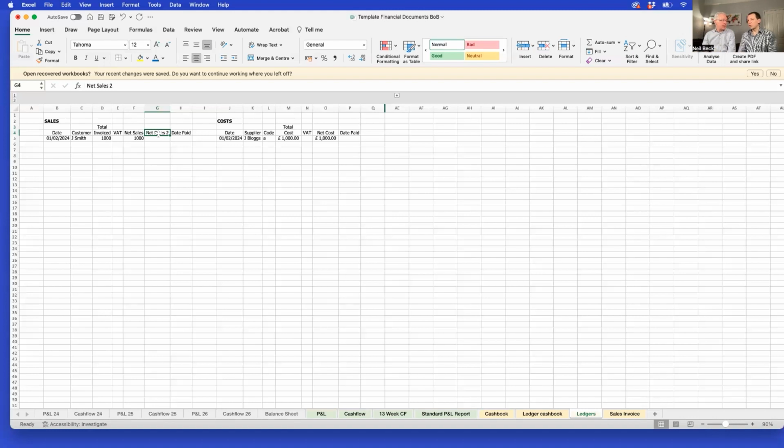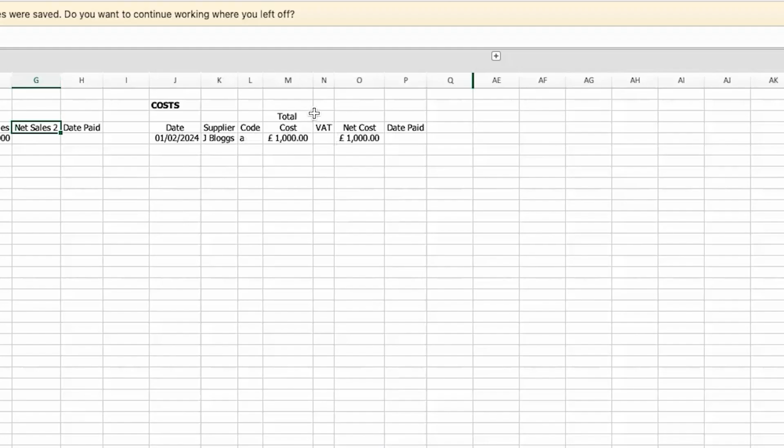You could call that column whatever you wanted, London sales, rest of the UK, etc. It's just about what information would help you understand what's going on in your business.